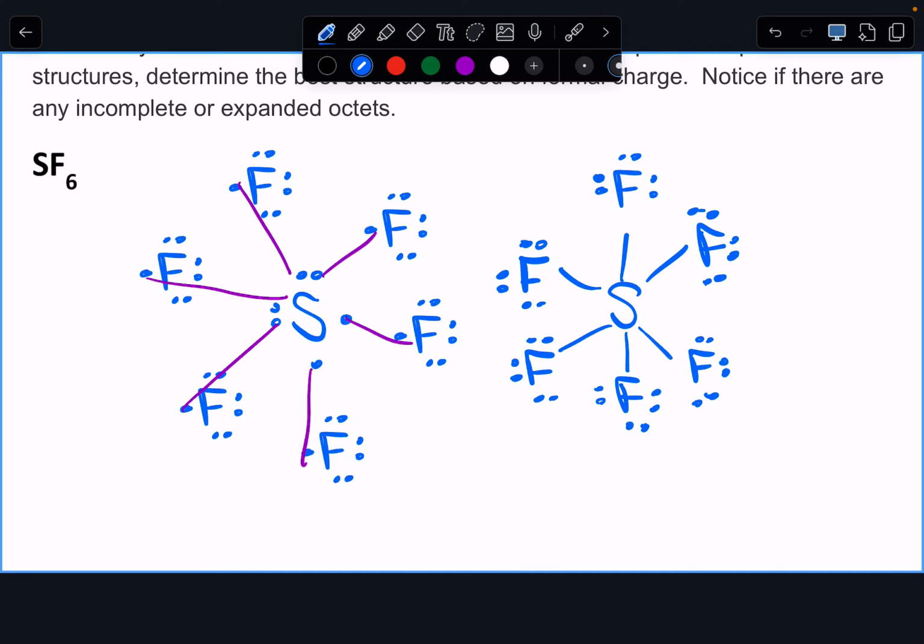So if you're looking at a structure and you see it has the expected bonding, like fluorine has the expected bonding. It has 1 bond, 3 lone pairs. So without even doing any calculations, I know that the fluorine all have 0 formal charge because they have 3 lone pairs and 1 bond, and that's what we expect to see.